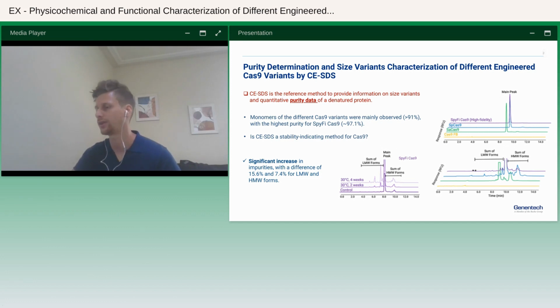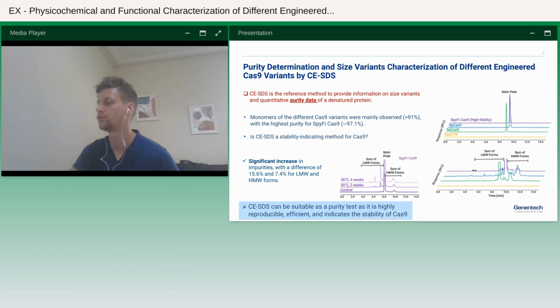And you can see, if we compare with the control, that we have a significant increase in impurities of the low molecular weight forms and also of the high molecular weight forms. So basically, this method is also a stability indicating method and can be used to indicate the stability of Cas9.